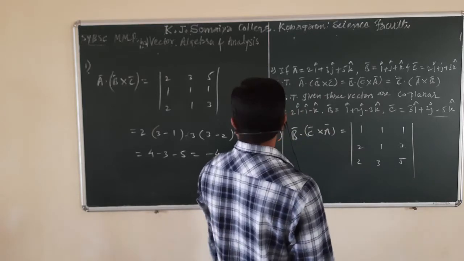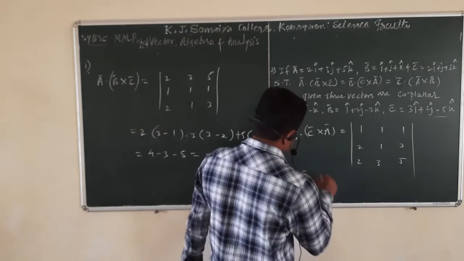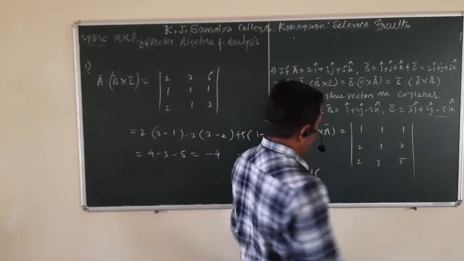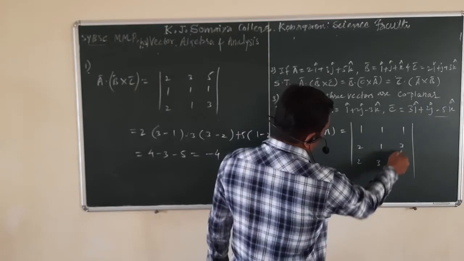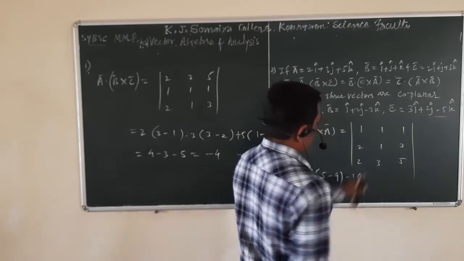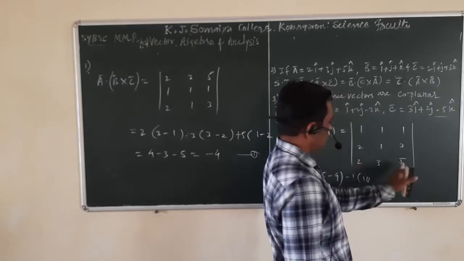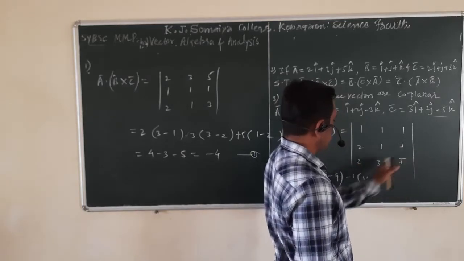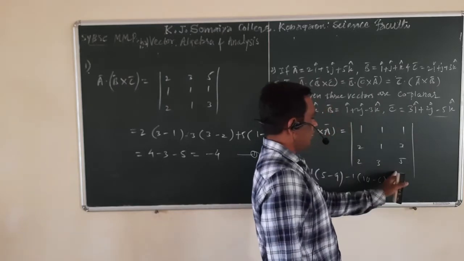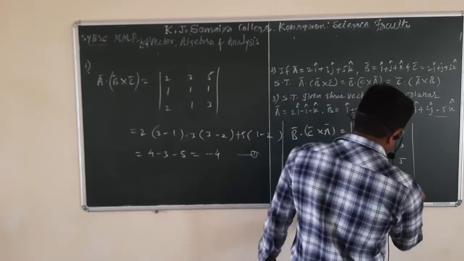Now this is equal to, see, 1 multiply by 5 minus 9, minus 1 multiply by 10 minus 6, plus 1 multiply by 6 minus 2.